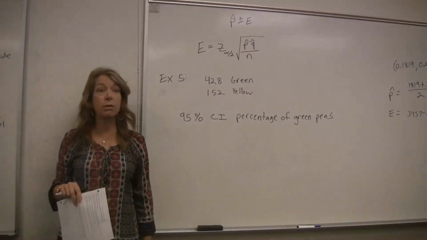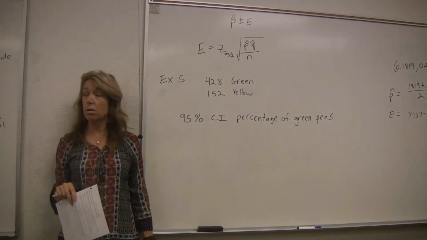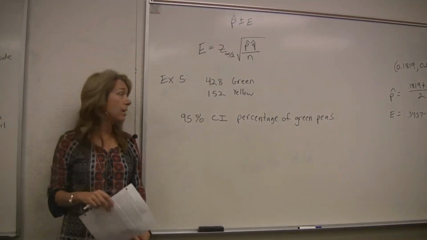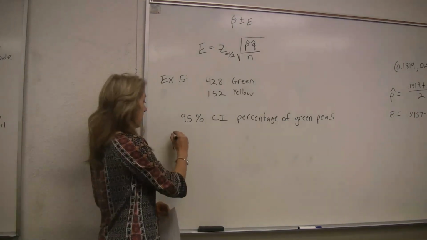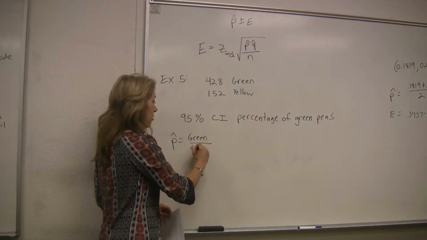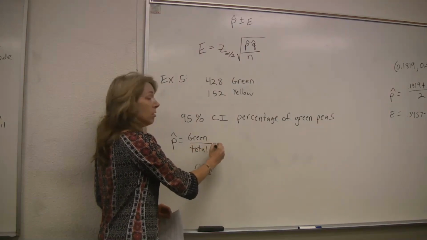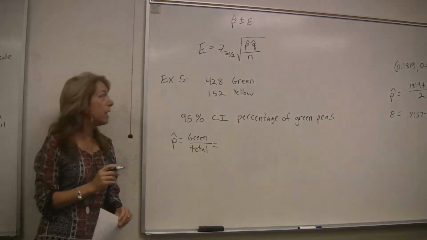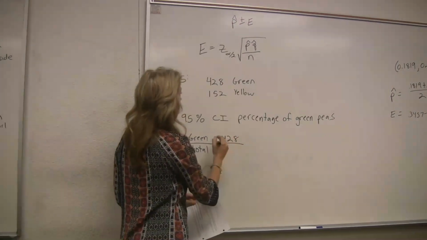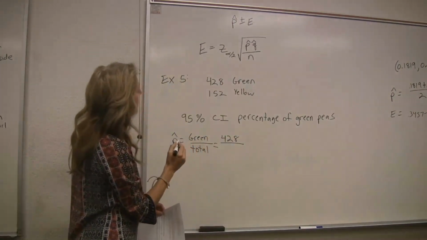428 is the number that were green. How do I make that a proportion or a probability? You put it over the total. Yes. P hat's just how many greens you had out of the total. And we had 428 greens out of 580.